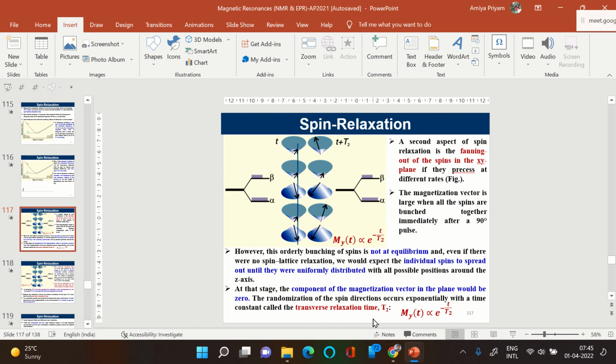The only difference mathematically is the randomization of the spin directions, keeping their z component the same, that is, placement on the same cone but randomization around this cone. That's what we achieve, and this is different from spin-lattice relaxation, the previous one.